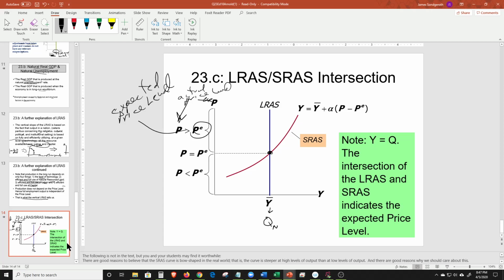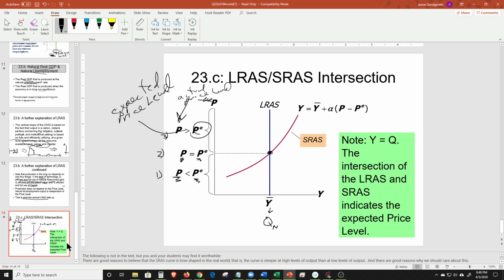And notice there are three conditions. The actual really existing price level could be less than the expected price level. That's case number one. Case number two could be that the actual price level exactly equals the expected price level.